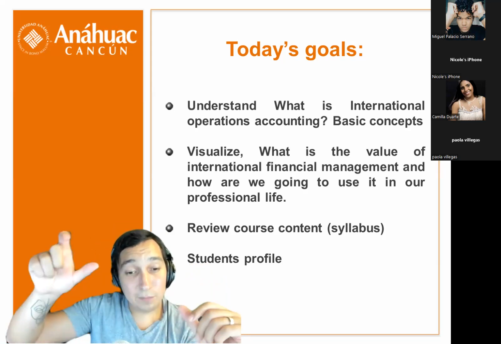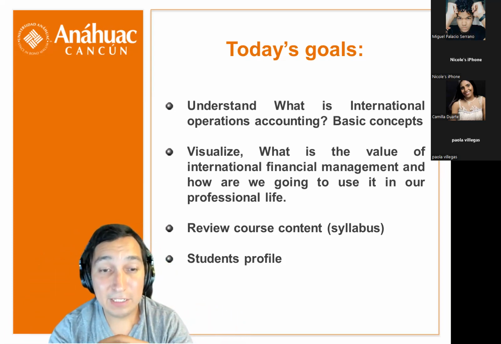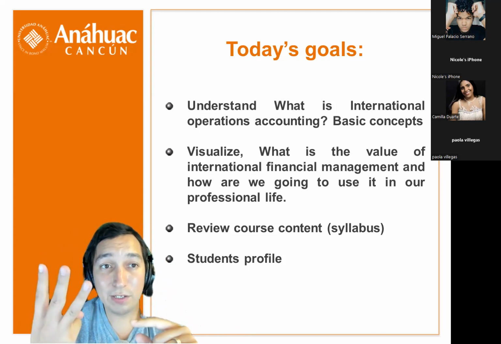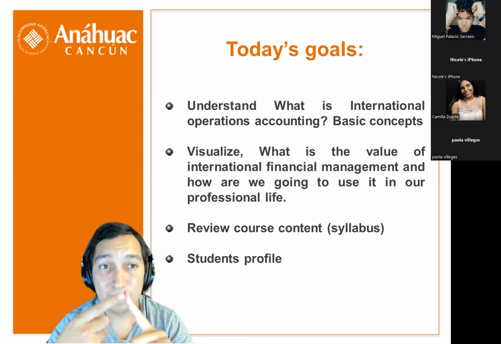We changed a little bit the metrics for the final grading. It's basically we will do three exams: the first exam is worth 20%, the second exam is worth 20%, and the final exam is worth 30%.